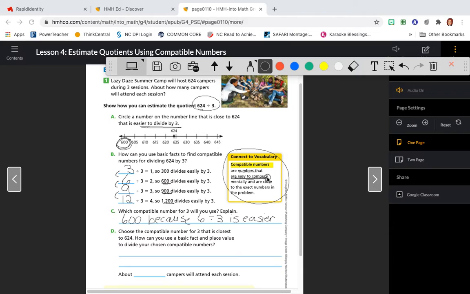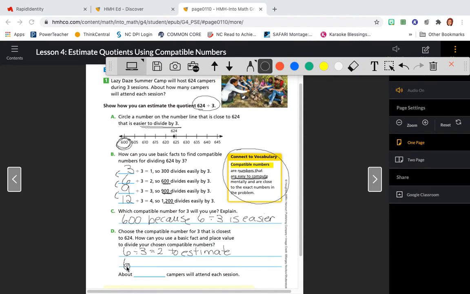All right, D. Choose the compatible number for 3 that is closest to 624. How can you use a basic fact and place value to divide your chosen compatible numbers? I can use 6 divided by 3 equals 2 to estimate. I can also use place value.